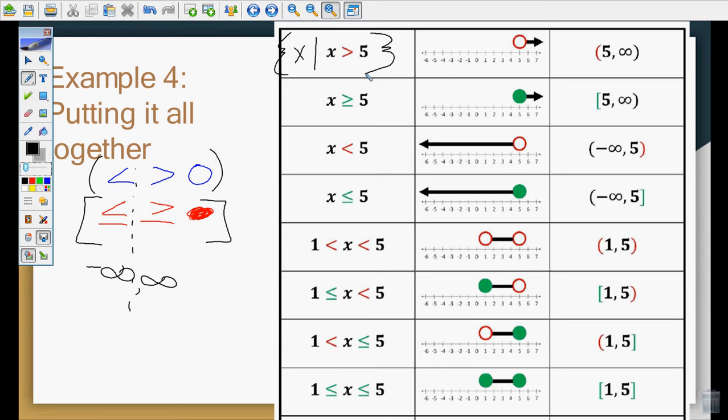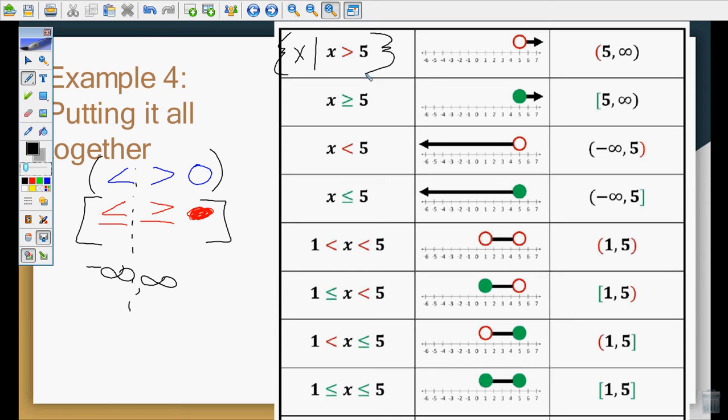All right. Next, we are going to graph it. If I'm just sketching it out, this tells me that my graph starts at 5, but it goes forever to the right. So pay attention to the inequality. Because it's strictly greater than, notice how it's an open circle.